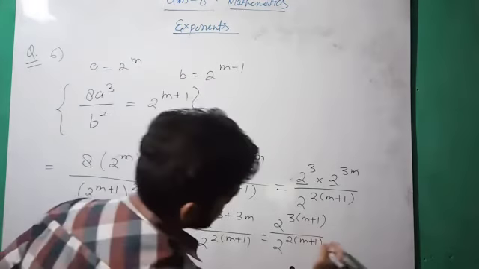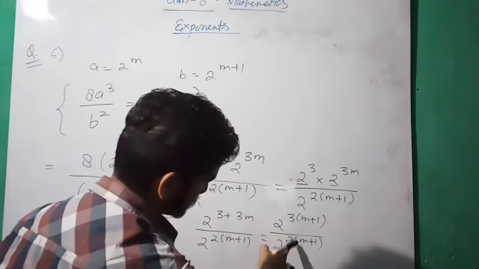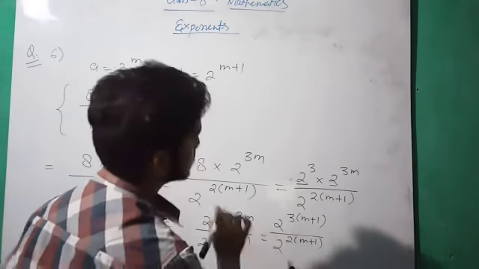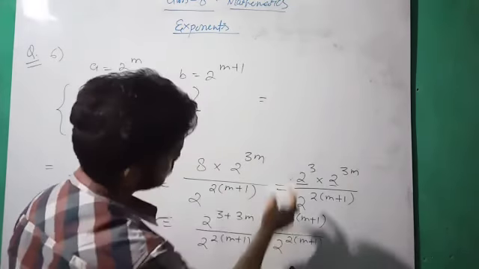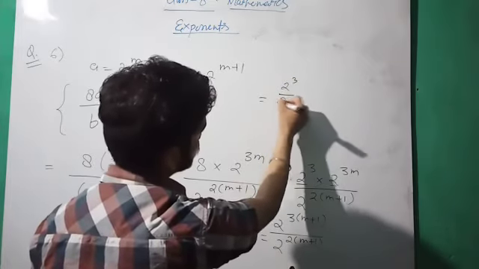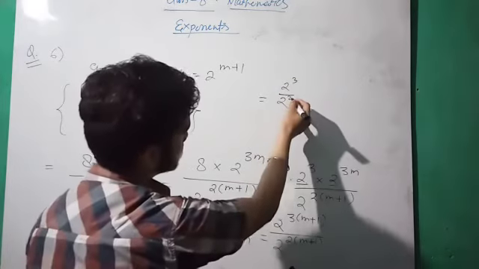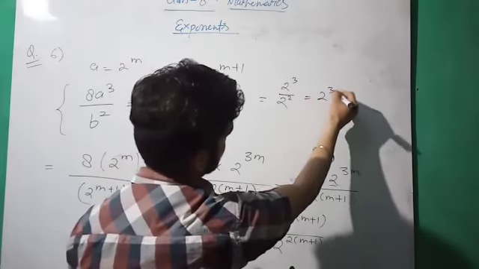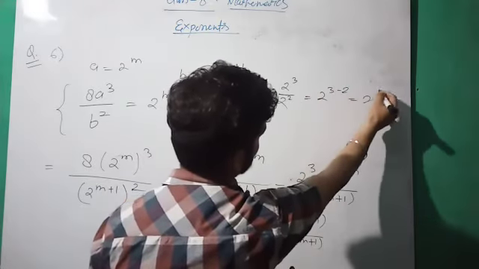Next, the last step is to subtract this term by this term. If we have 2 to the power 3 upon 2 to the power 2, how can we write this? 2 to the power 3 minus 2 means 2 to the power 1.